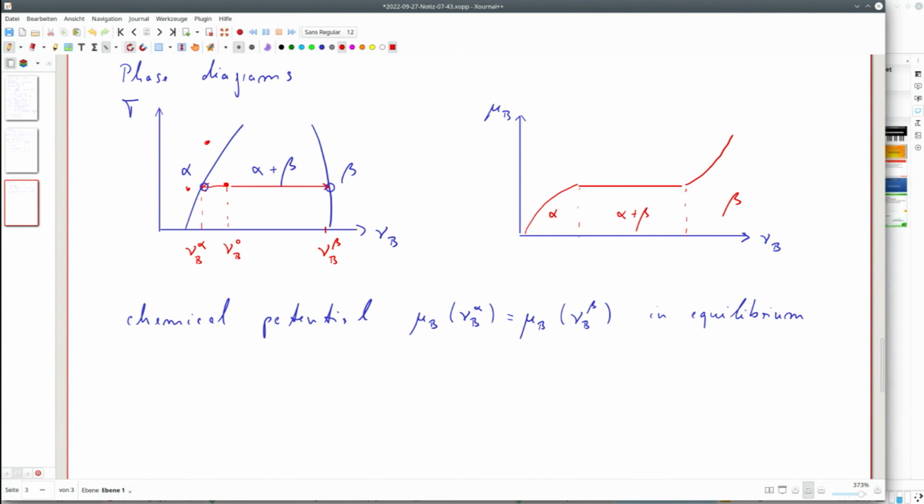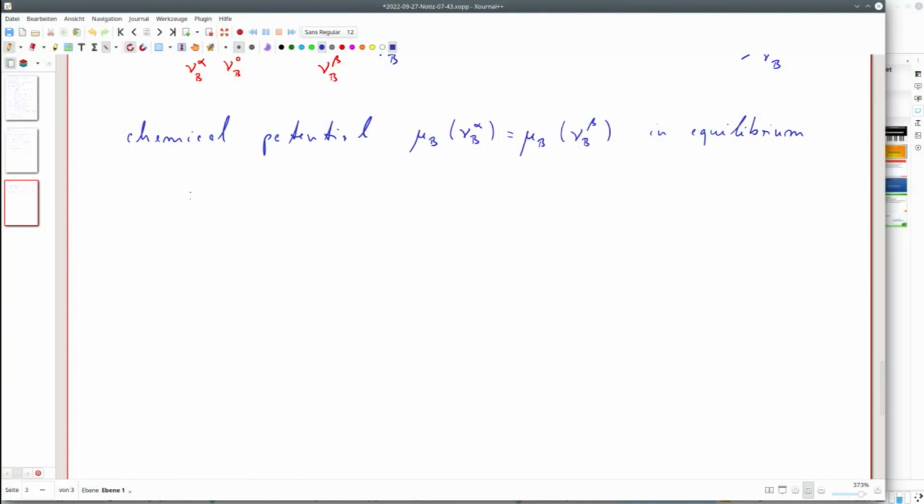So instead of giving the concentration and looking which chemical potential do we have, we give the chemical potential and let the concentration adapt to it. This curve then perhaps looks like this.